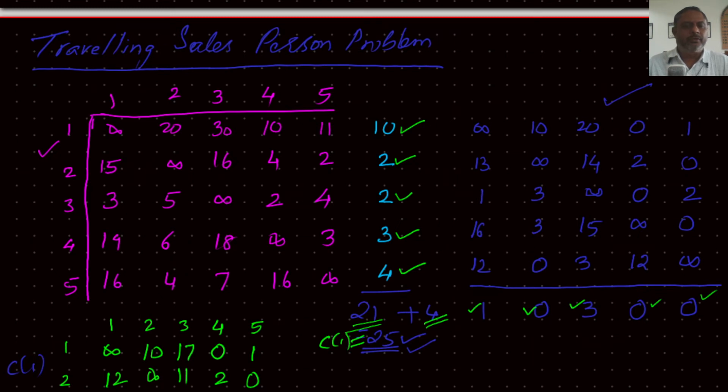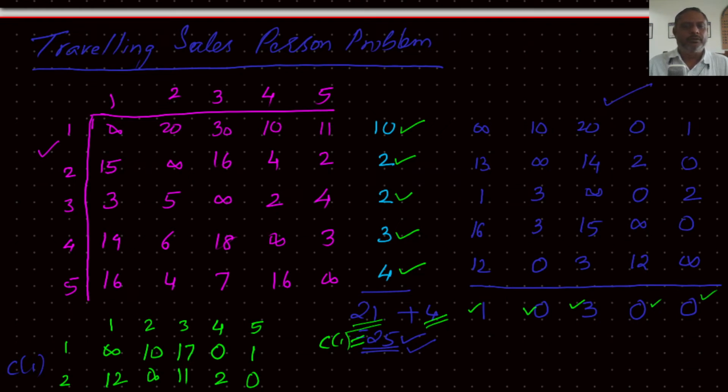So cost of 1 4 2 will be cost of 4 2 plus cost of 1 4 plus the cost of reaching this 2, additional cost we talk about.